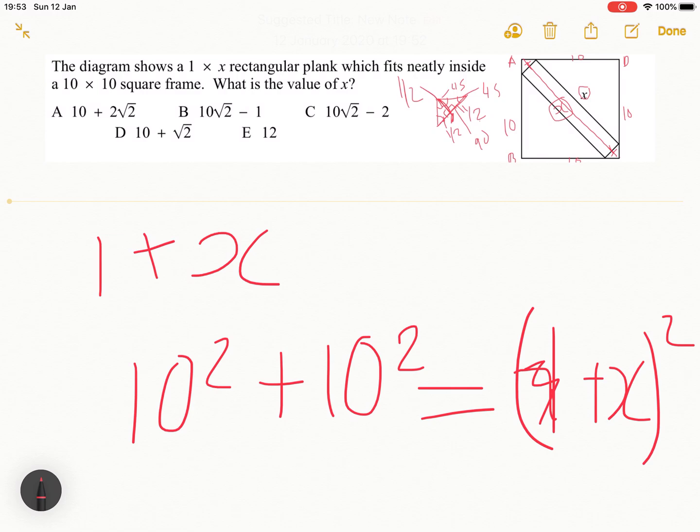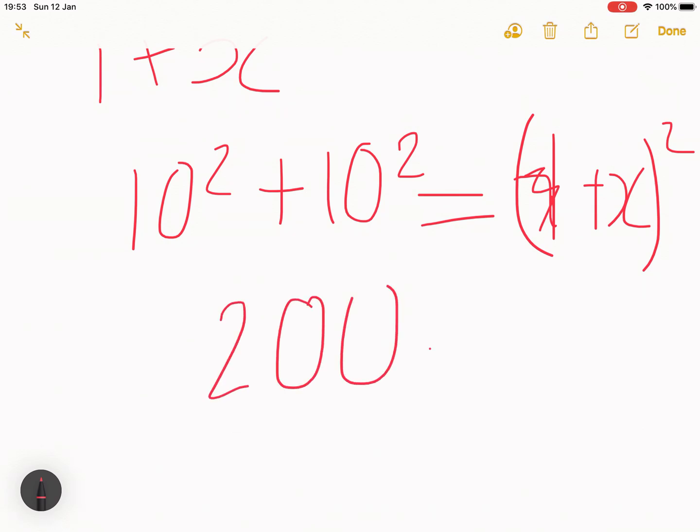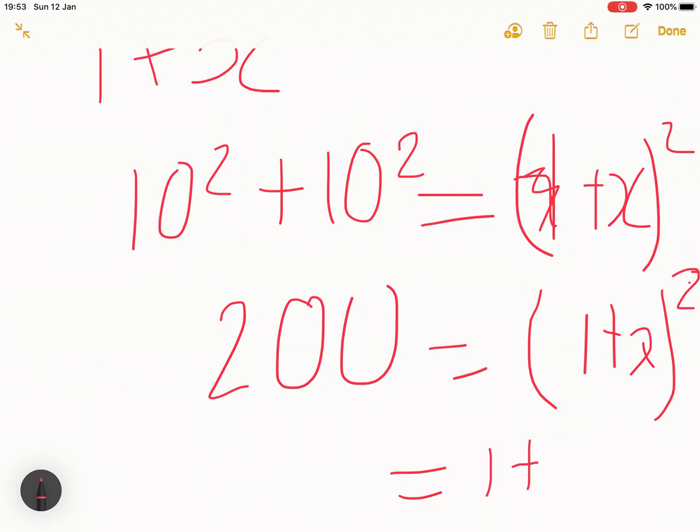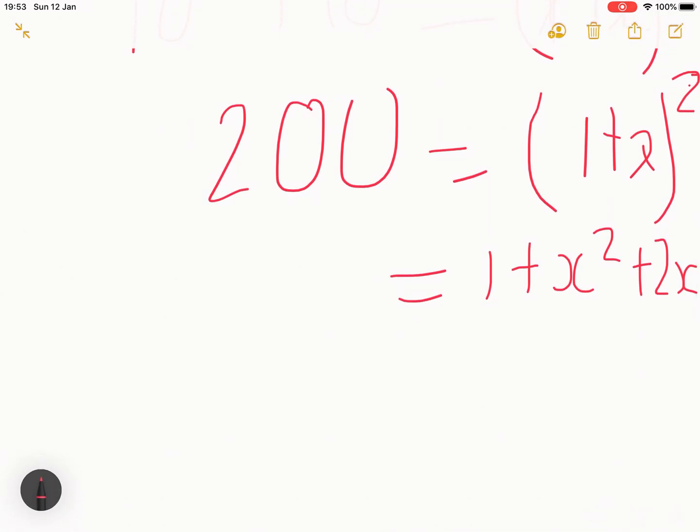So 10 squared plus 10 squared is 200. So 200 equals 1 plus x squared. If we expand 1 plus x squared, an easier way of doing it is just expanding it.